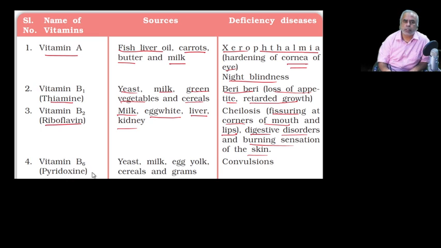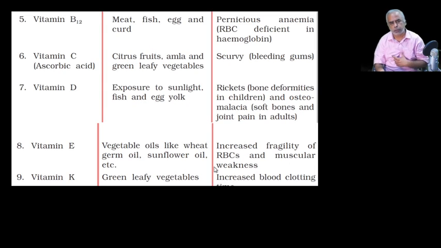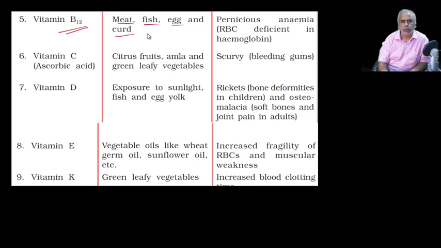Vitamin B6 is also known as pyridoxine. It is present in yeast, milk, egg yolk, cereals, and grams. Convulsions are the disease. Vitamin B12 is present in meat, fish, egg, and curd.